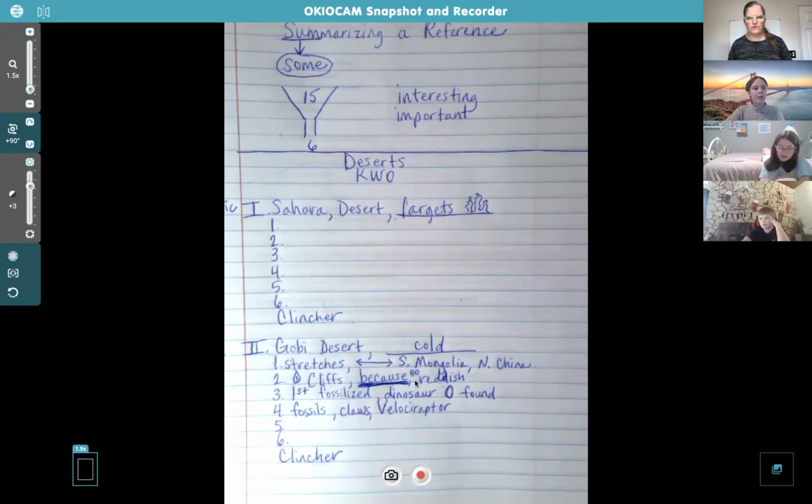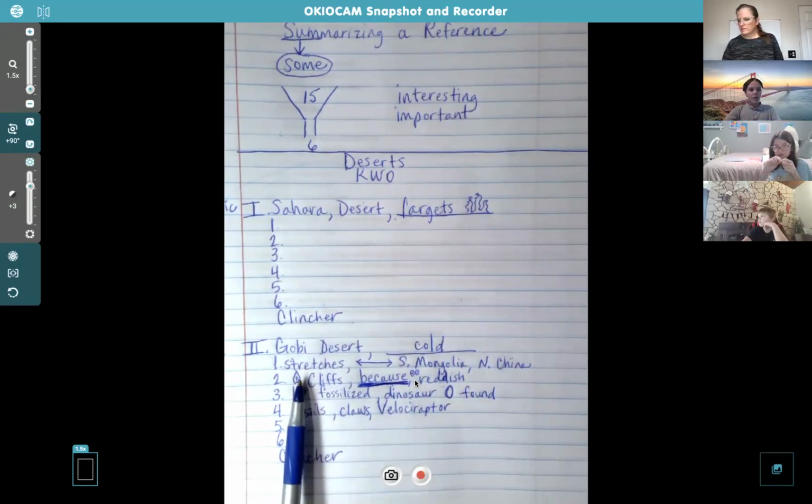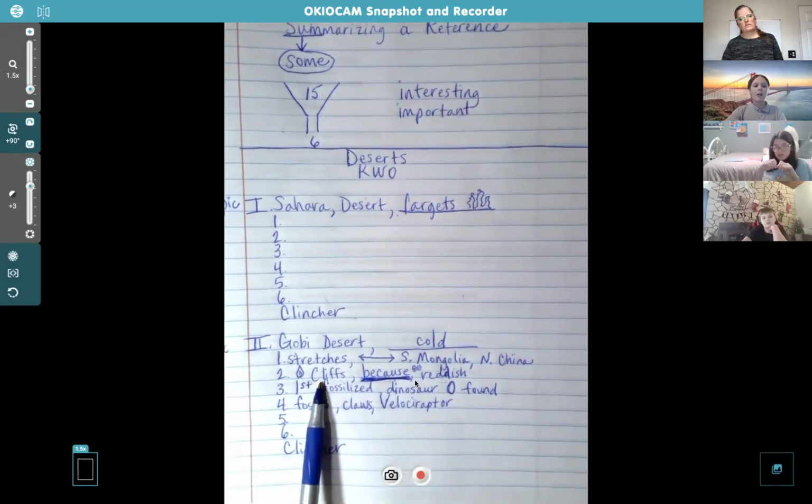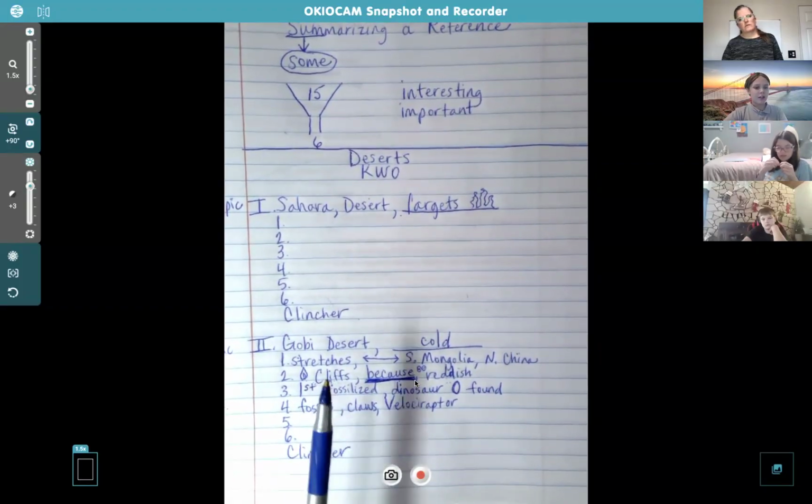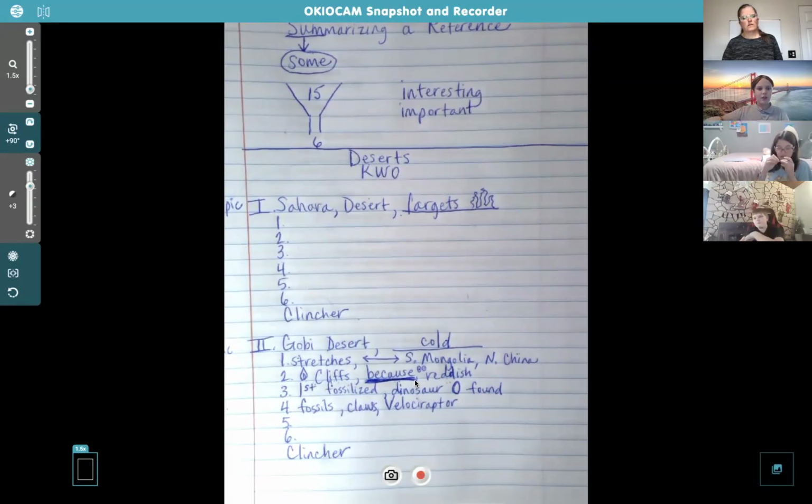Or maybe we could also do, inside of the Gobi Desert, there are red cliffs that are called, wait, what are they called again?